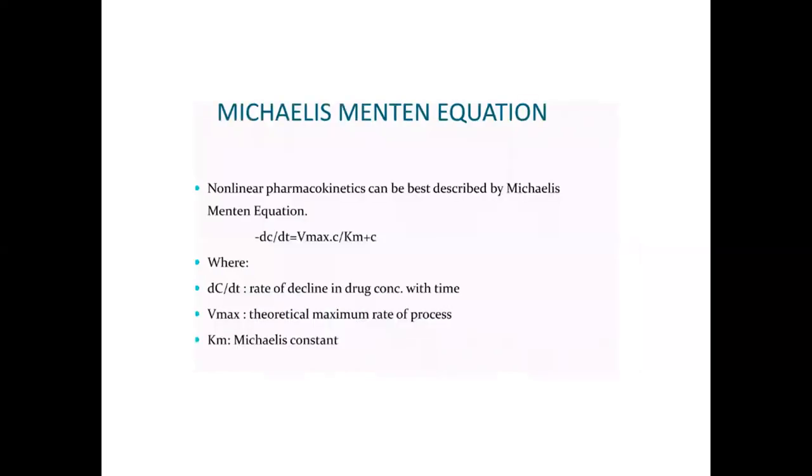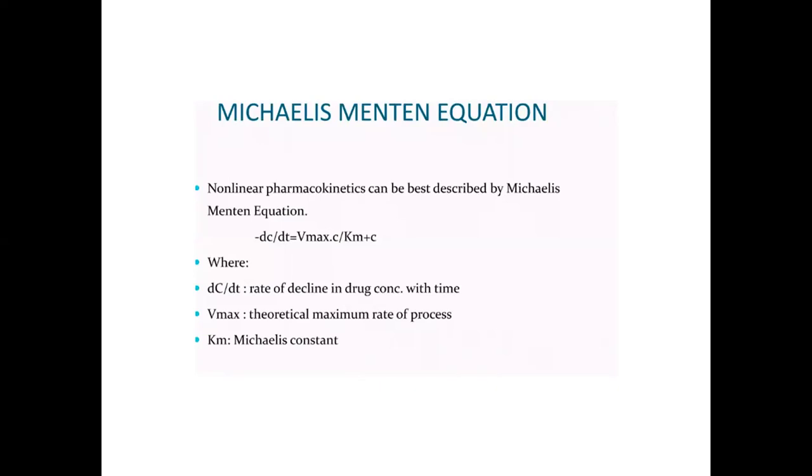Another important equation of non-linear pharmacokinetics is the rate equation, which is the Michaelis-Menten equation. It was proposed by Michaelis and Menten, which is why it is called the Michaelis-Menten equation. According to this equation, the formula is dC/dt = Vmax × C / (Km + C).